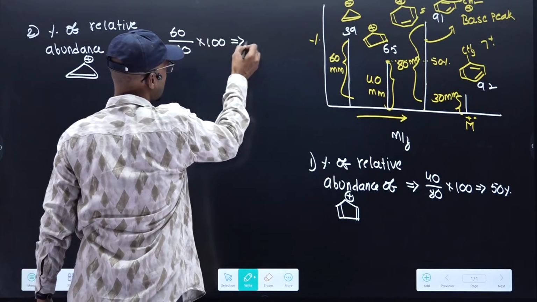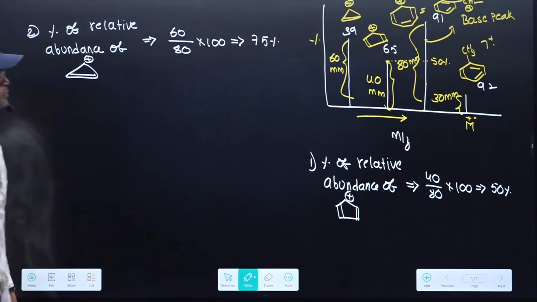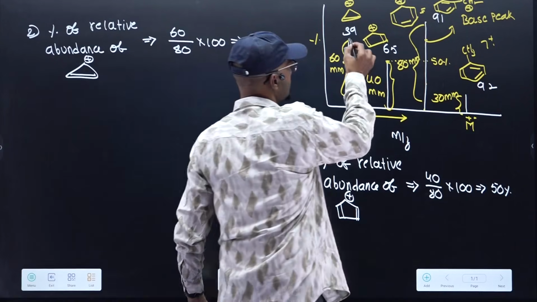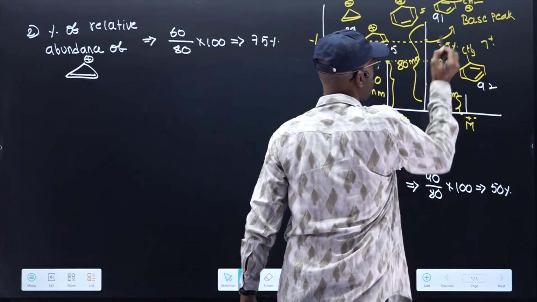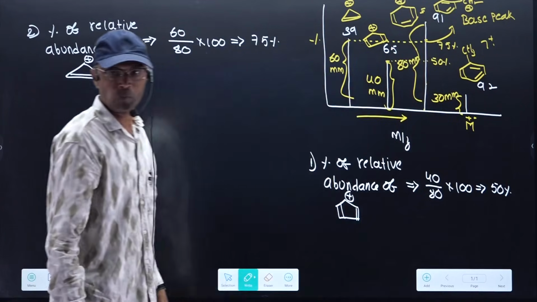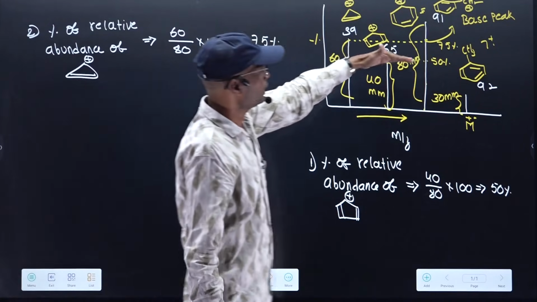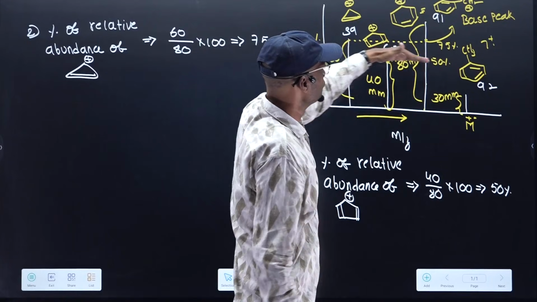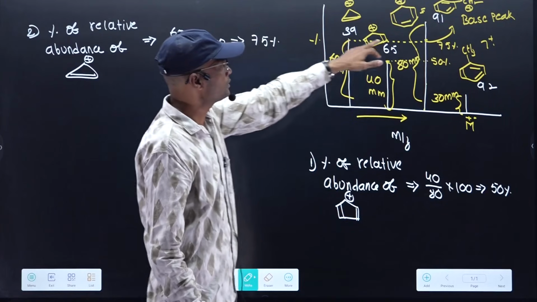How much will you get? You will get around 75%. So with respect to the base peak, this height is 75%. Exactly 80 you need to write as one line, then 40, then here 75. The height of this peak is related to this one.